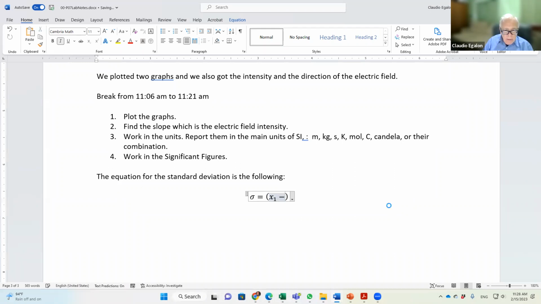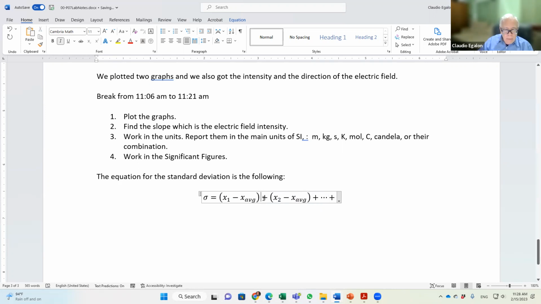Instead of x bar, I'm going to put x average like that. If you took statistics, you should know that. And plus 2, 3, and so on.